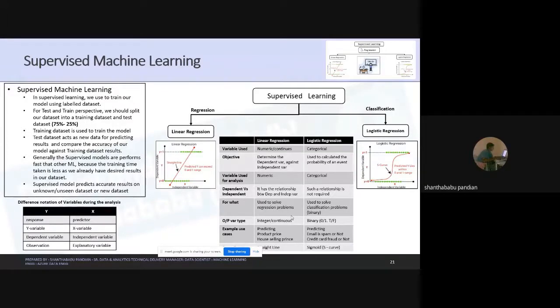We picked you up through campus entry as a junior data scientist for our organization. There is some problem statement from the customer side. As a project manager, I'm assigning you to find out whether the business case is going to be a regression problem or a classification problem. So how can you decide that based on the business case?